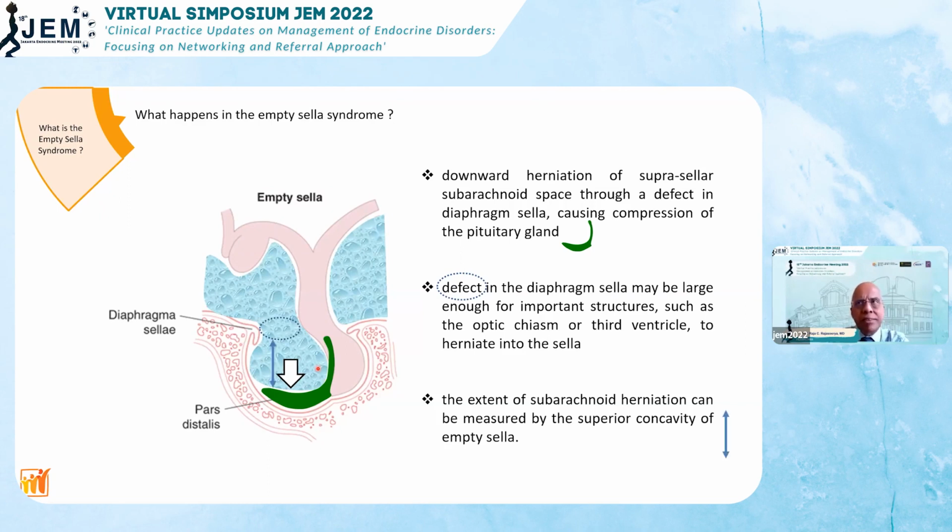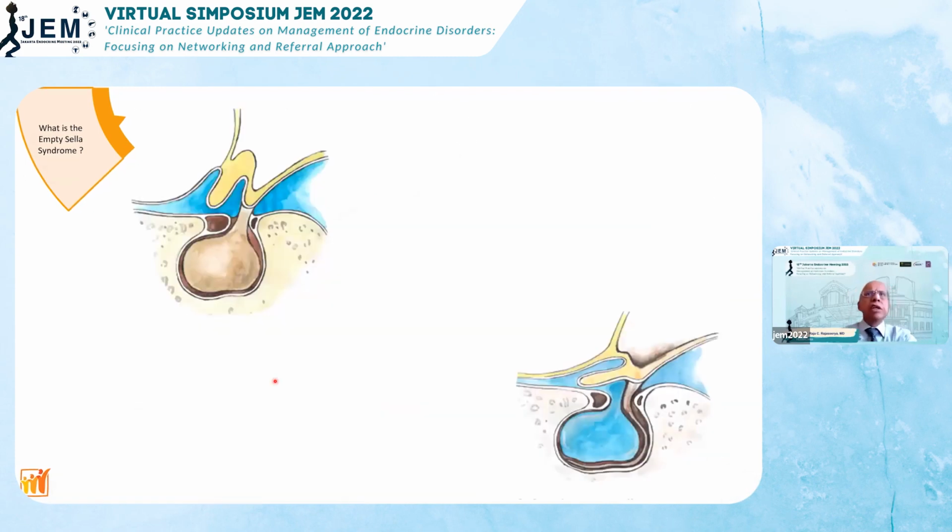The extent of the herniation of the subarachnoid space can be measured by how concave this is, and that's this distance over here. So in general, that's the normal pituitary gland, and that would be the empty sella, with that being the pituitary. And a classical picture is as illustrated there.